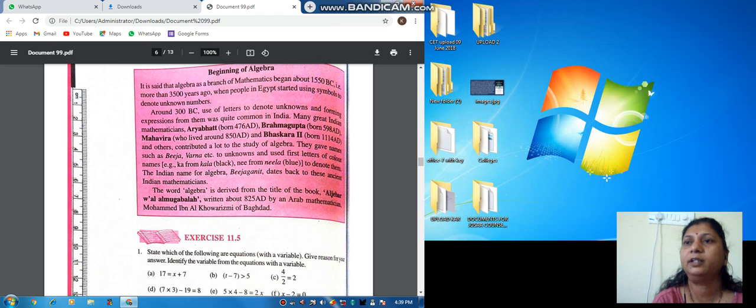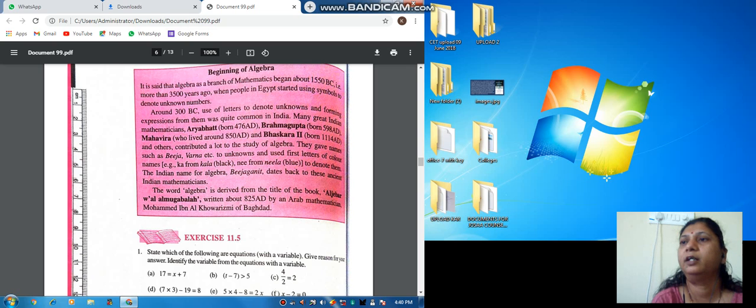They contributed a lot to the study of algebra. These four mathematicians did a lot of research on algebra, such as using variables, finding equations and finding solutions.